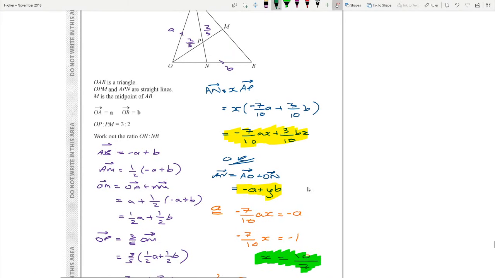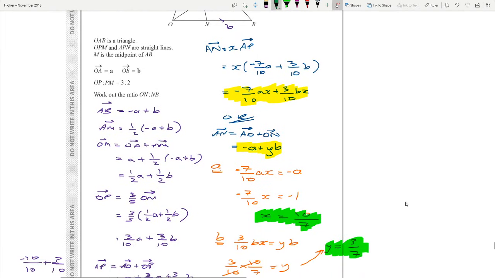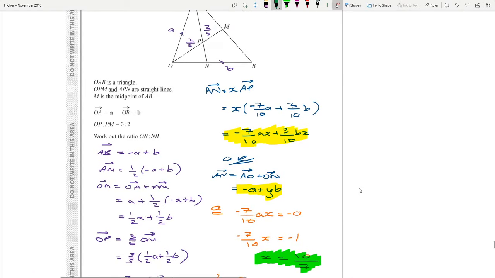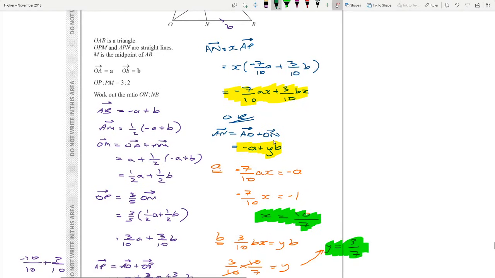Remember what we said earlier, that the vector O to N is going to be 3/7 of b. That's what we just worked out, isn't it? Vector O to N, we said, was yb, and we know y is 3/7. So let me write it down here: the vector O to N is 3/7 of b.